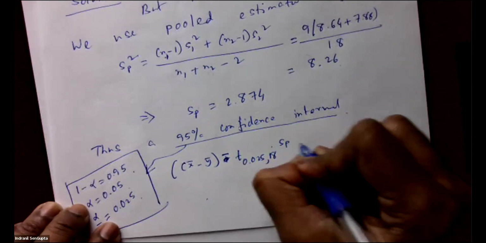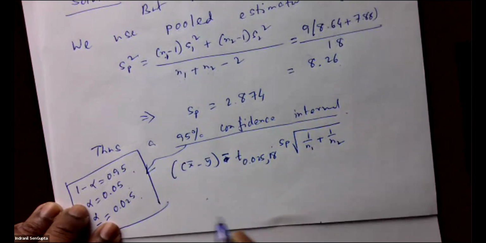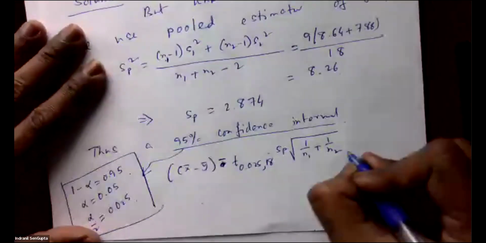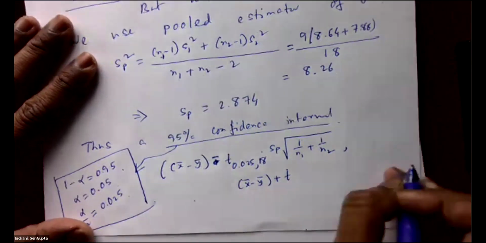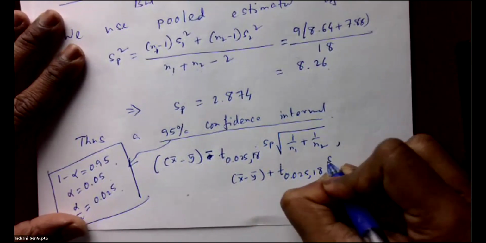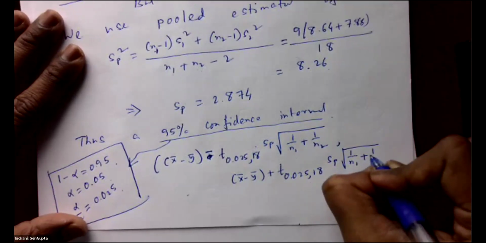And then I have sp times the square root of 1 over n1 plus 1 over n2. I'm just using the formula that I wrote before. To the same thing, x bar minus y bar, and then the plus sign: t of 0.025, 18, sp times the square root of 1 over n1 plus 1 over n2.